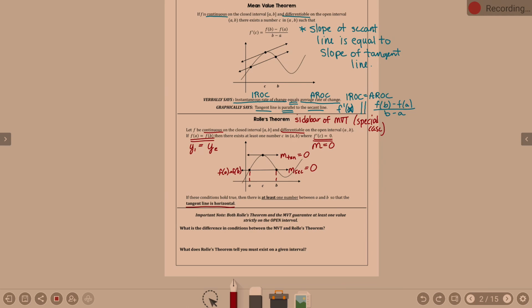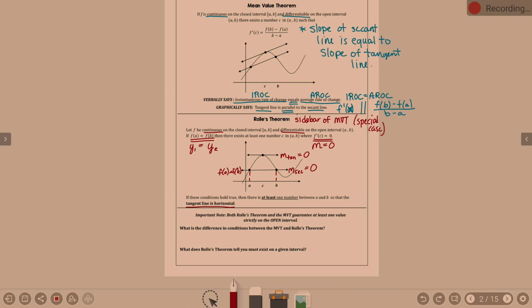Two questions to ask just to get us thinking. What is the difference in conditions between the mean value theorem and Rolle's theorem? Okay. Rolle's is horizontal, so the slope of the secant line is 0. It has to be.